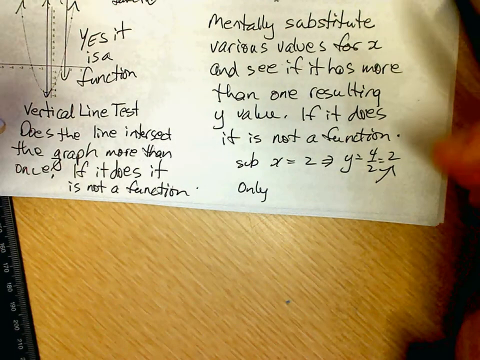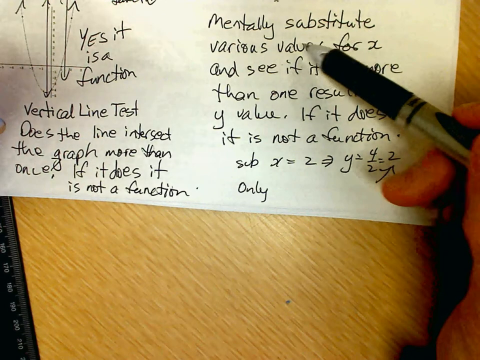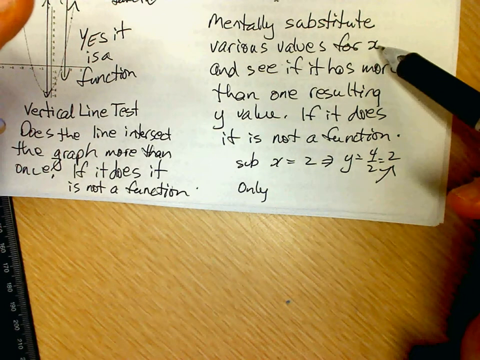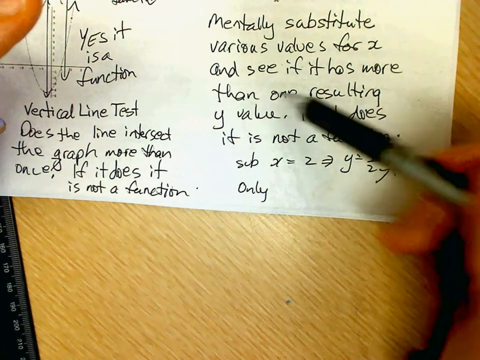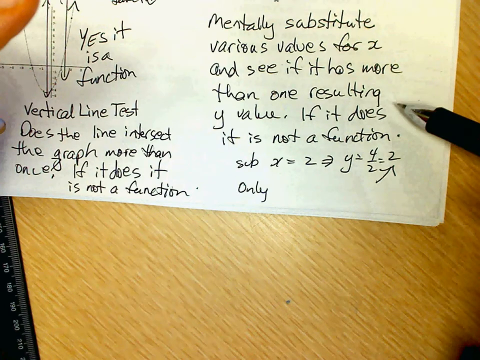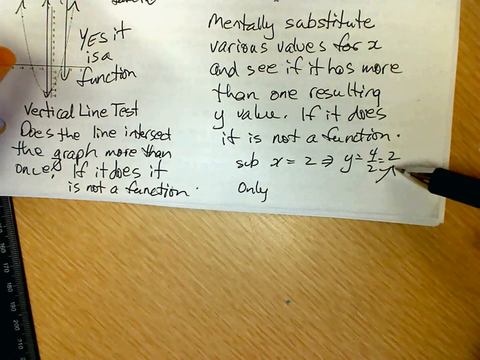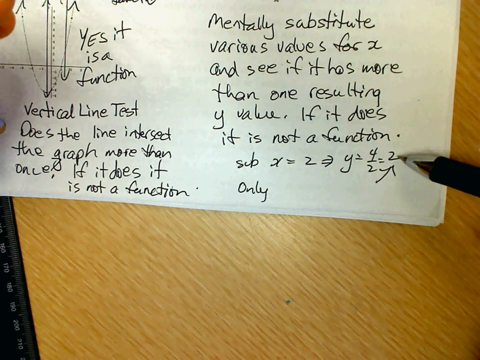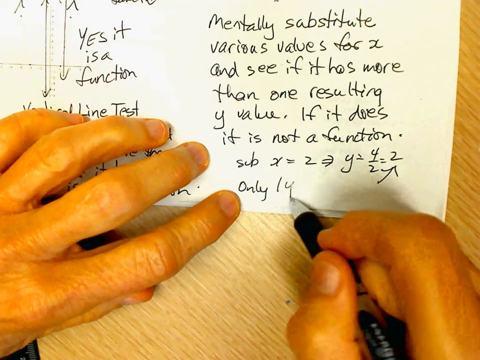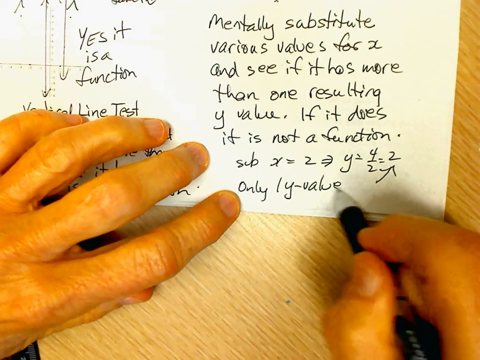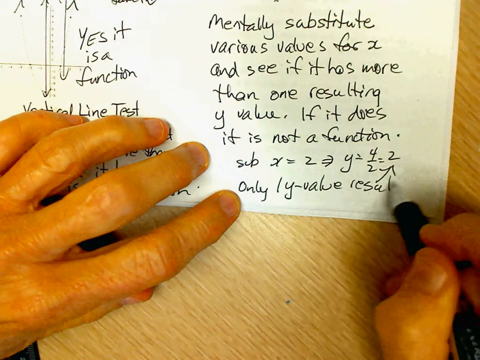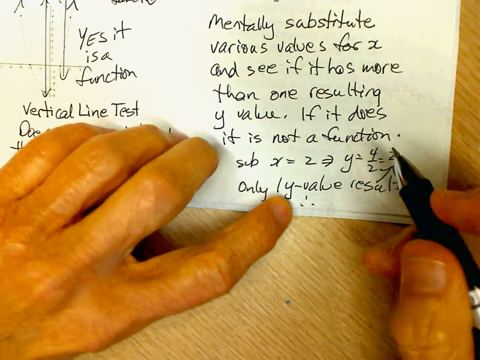So we mentally substitute various values for x and see if it has more than one resulting y value. If it does, it is not a function. So when I sub in x equals 2, I get only one y value. Therefore, it is a function.